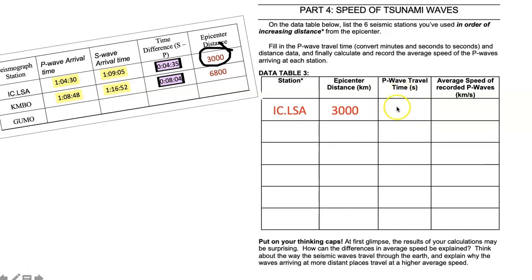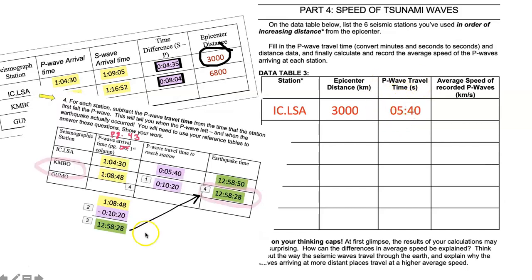Then it's asking for the P wave travel time. And that one we determined in this video, where we looked at how long it took for the P wave to arrive at that station. And so this one is pointing to KMBO, but look at the one above at ICLSA. It took 5 minutes and 40 seconds for it to reach the station.